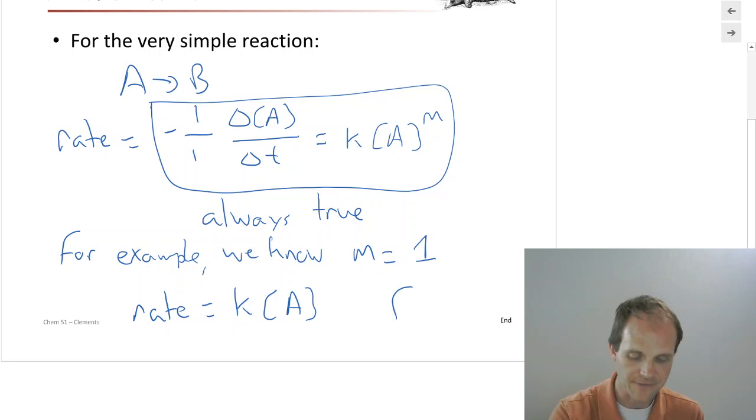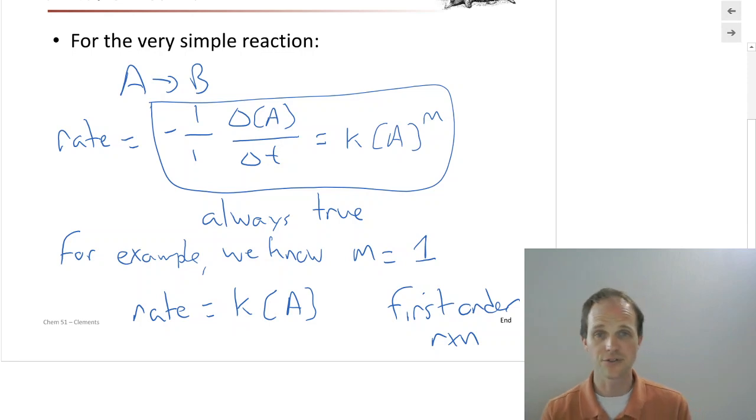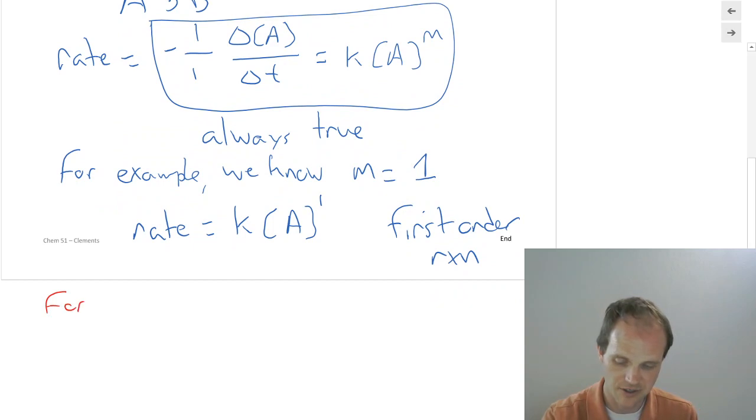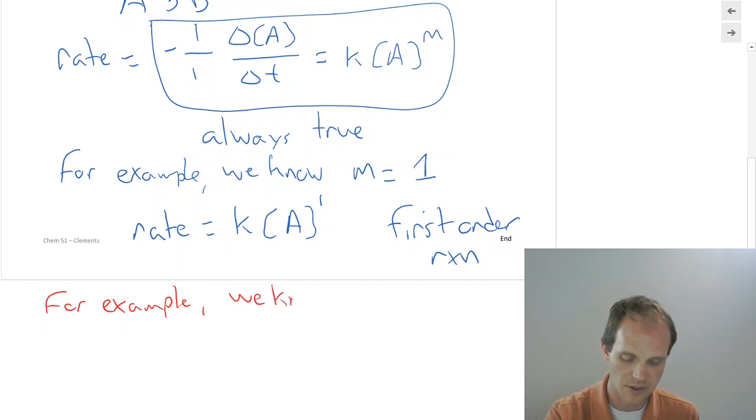We call this a first order reaction because it's order 1 in A. We've got that 1 there that we don't write. It's a first order reaction. On the other hand, let's say for a different example, we somehow knew that m was equal to 2.